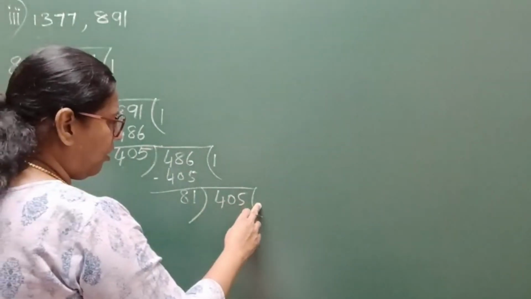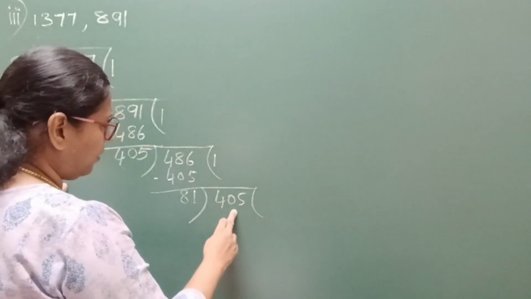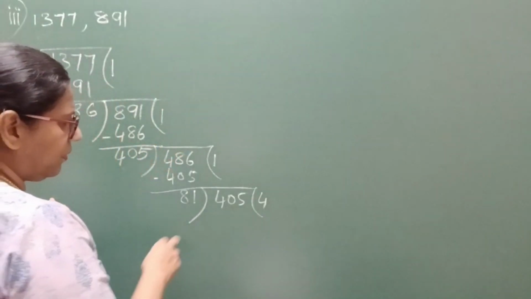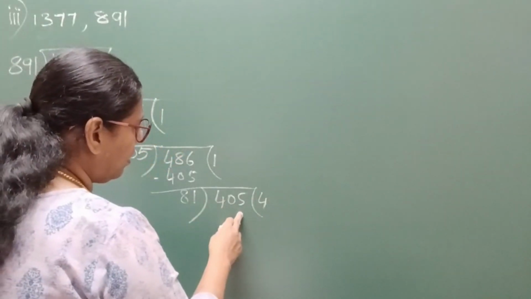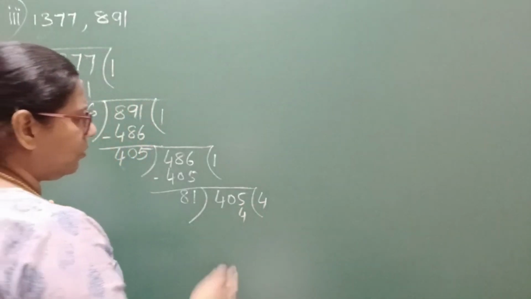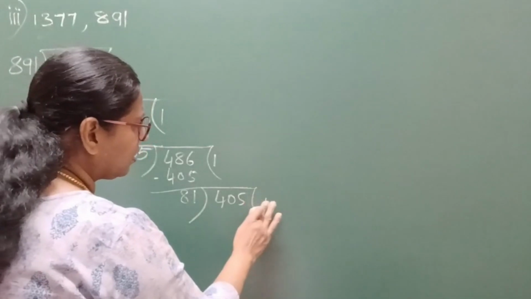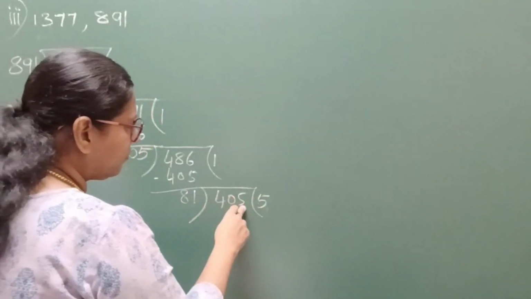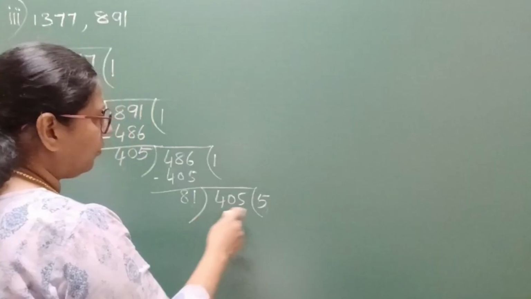8 5s are 40. We'll go for 4 times. 4 1s are 4. No, we'll go for 5 because here it is 1 and here 5 is there. So we'll go for 5.